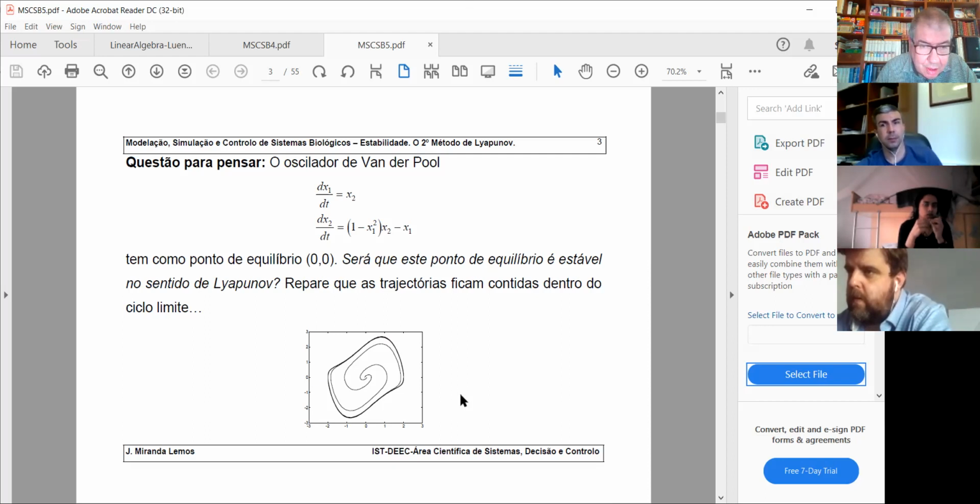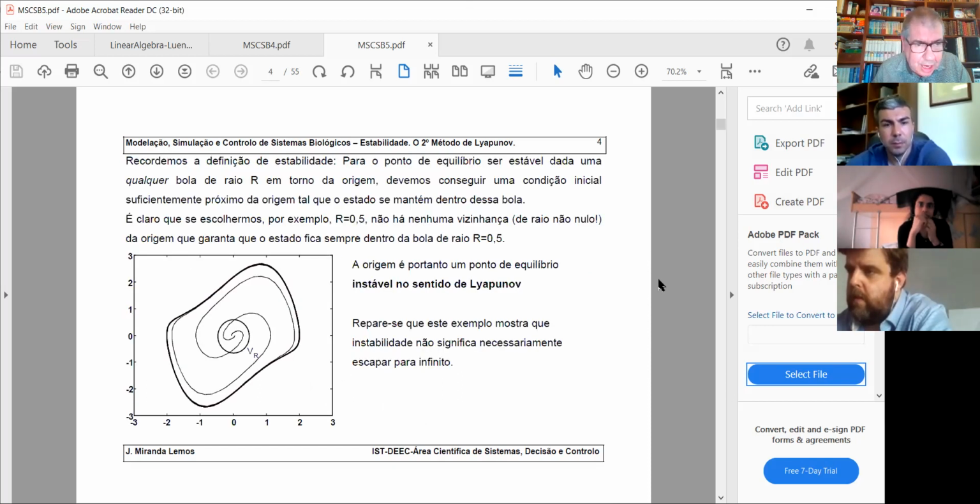R equal to 1. So it's a ball, something like this? Yes. And then what is your argument? If we start inside that ball, any solution will go away, because you are going to the limit cycle.